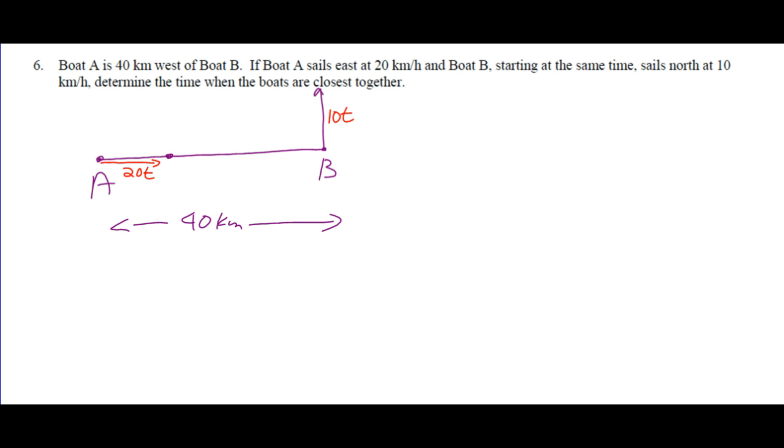And so there's some point here where they're going to be closest together, and that will be the distance between them. And I guess we should finish this. So this is 40 minus 20t, that distance. Okay, so because I've stuck a t in there, we've got to say what t is. So let t be the time in hours since the boats sailed.